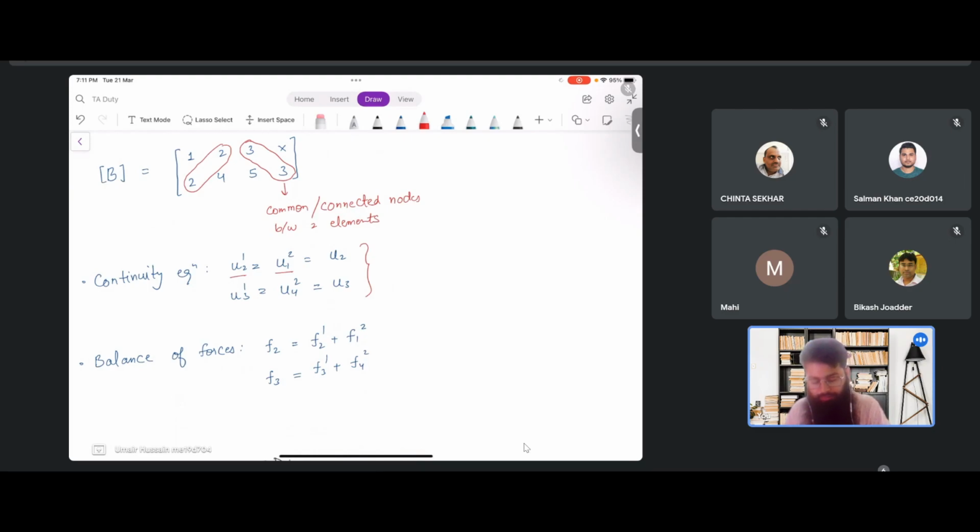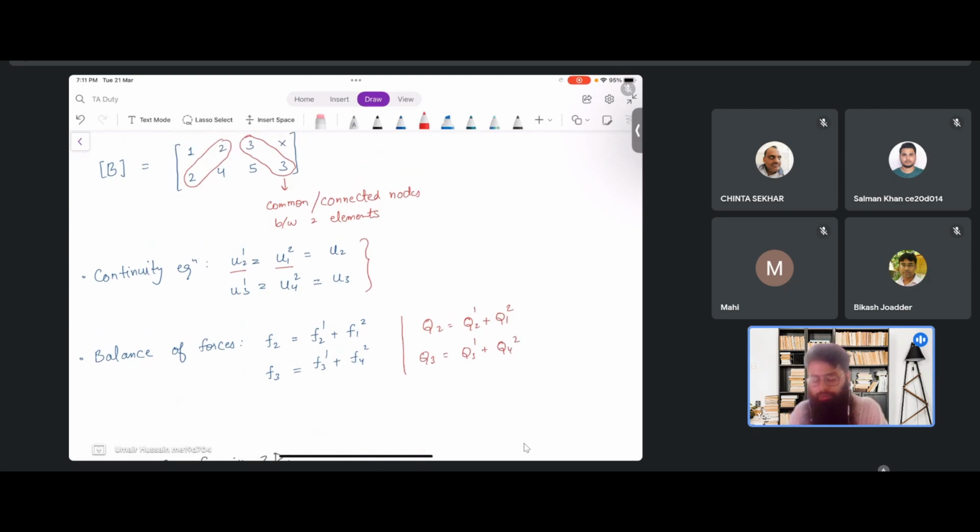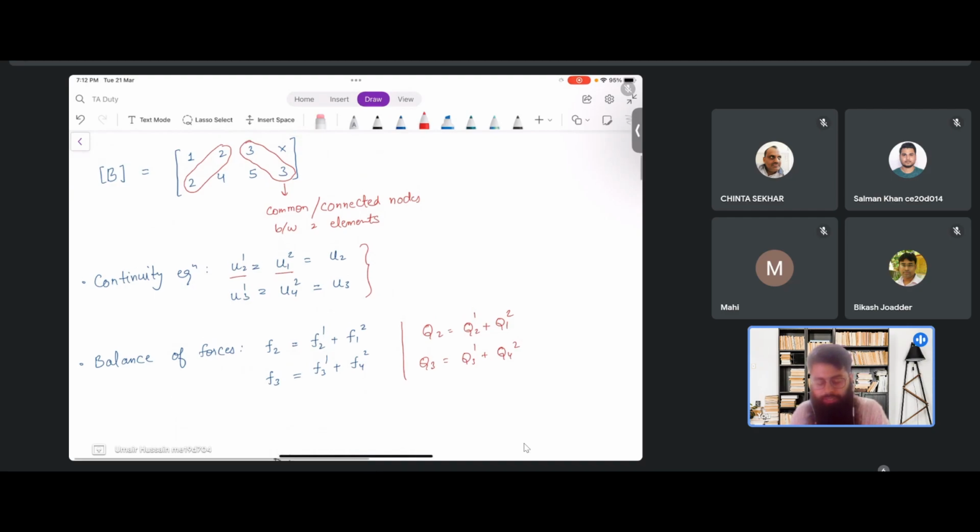And just like in the case of the body force vector, we have the same for the Q vector also, so that contribution would be the same. However, if the Q3 node is an internal node and no external boundary condition is applied on it, then the net force would be equal to 0.